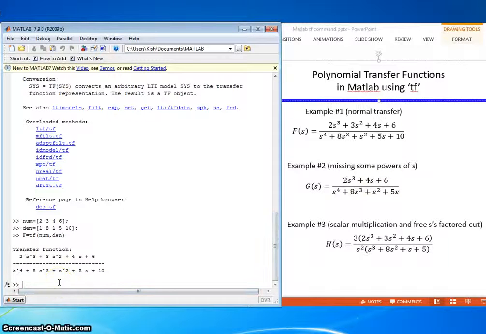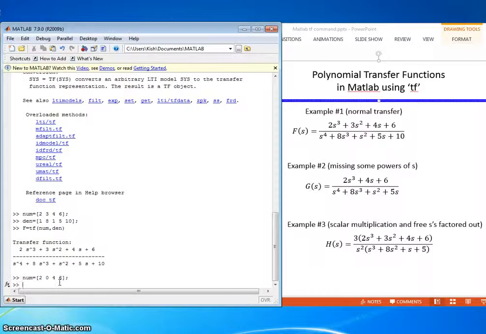So in this case we would go num equals 2. We don't have anything for s squared, so we actually have to put the 0. And then we have the 4 times s and the 6. And the denominator is 1, 3, 1, 5.